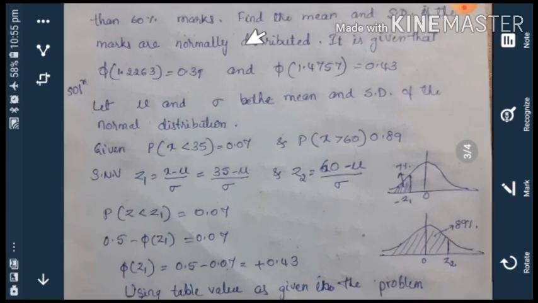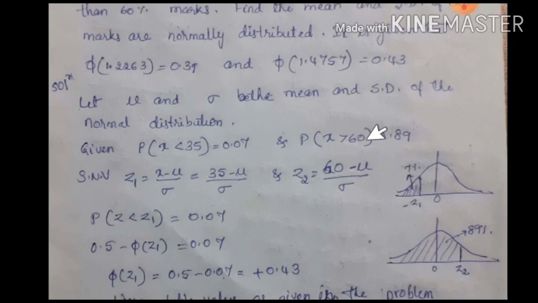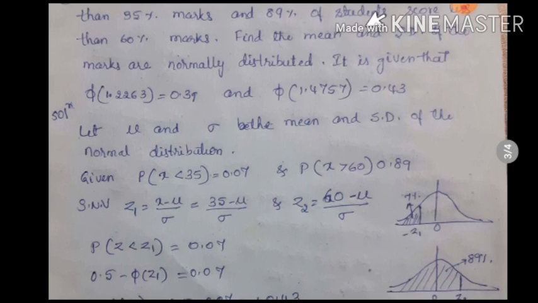It is actually less than 60 because they have told 89% of the students score less than 60% of marks. So x should be less than 60, equal to 0.89. Correct it, it is the less than notation.